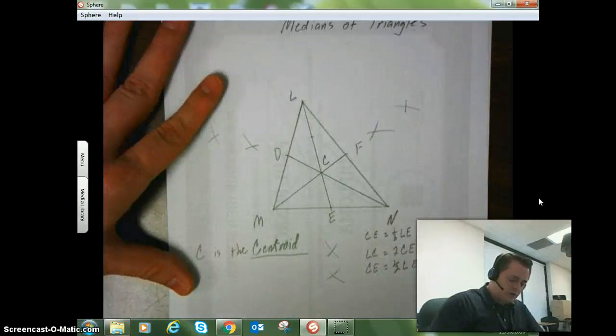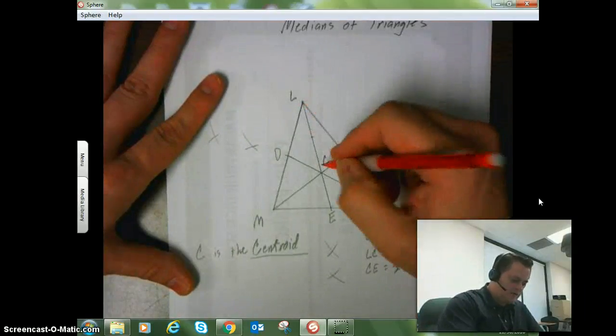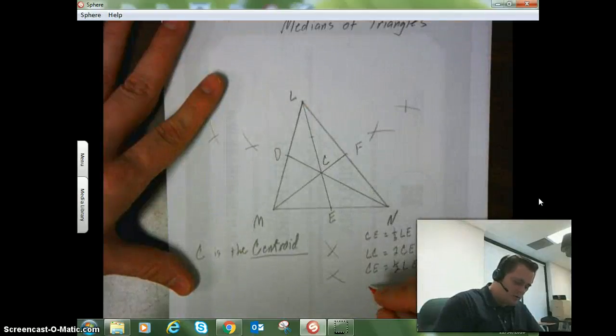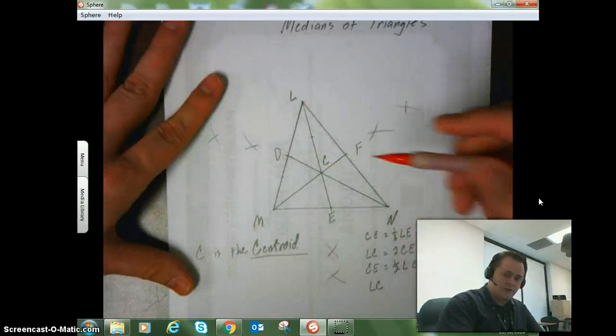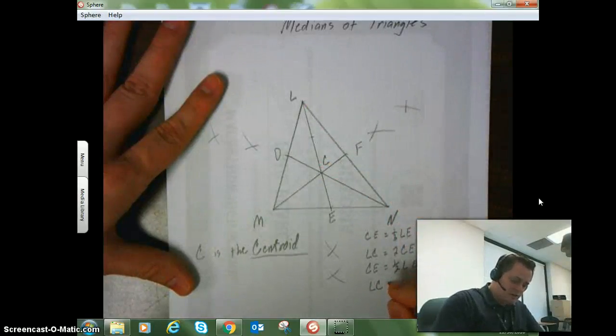The only other thing that we can say is, how does LC compare to the whole thing? Well, LC, the big piece of the median, if the little piece is a third of it, then the big piece must be two-thirds of it. So I would say LC in this case is two-thirds of LE.